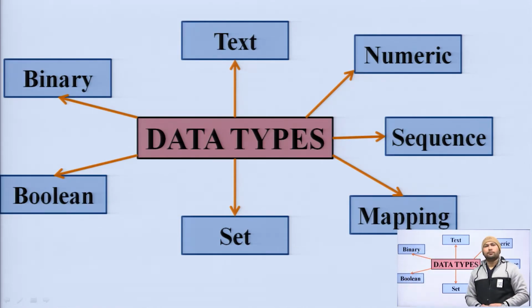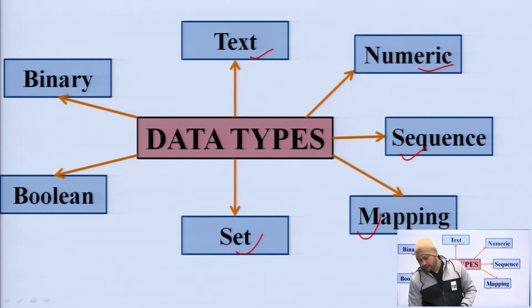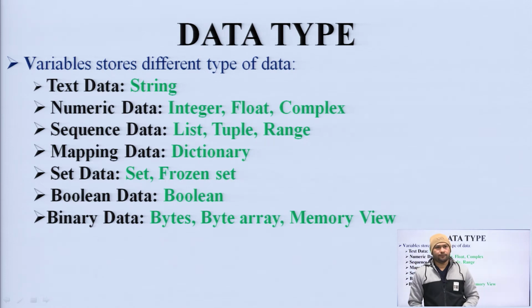Now, in Python programming, we have various types of data types. You can see that we are dealing with the text data type, numeric data type, sequence data type, mapping data type, set, boolean, and the last one is binary. So, these are the various data types available in Python.